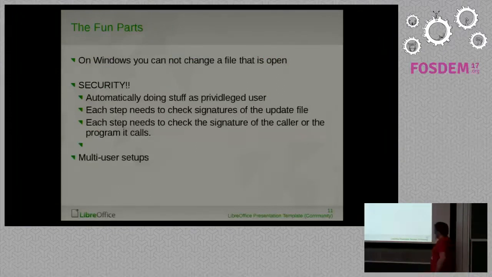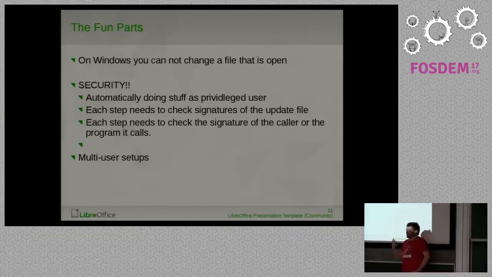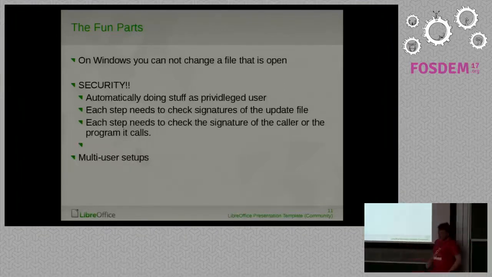So, the fun parts. I already mentioned there are a few problems. The first one is you can't change a file that's open. We have this update service and the update executable for that. And the second one, which you realize quite quickly if you read the Mozilla Bugzilla about the update code, is there are a lot of things that can go wrong and that screw up your security badly.